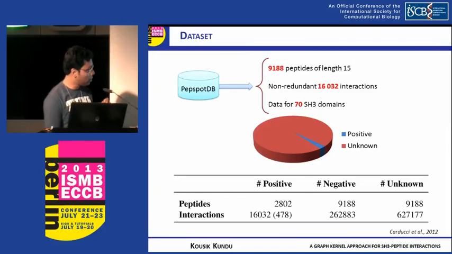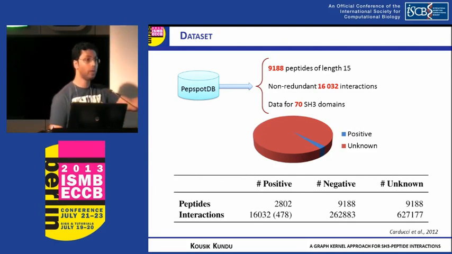Here in the table you can see that around 3,000 peptides are involved in positive interactions. There are 16,000 positive interactions. Among them, around 500 are reported in the MINT database, which is manually curated and a highly reliable database. And negative peptides, those involved in negative interactions, may be any peptide, because one peptide can interact with one domain but not with another domain.